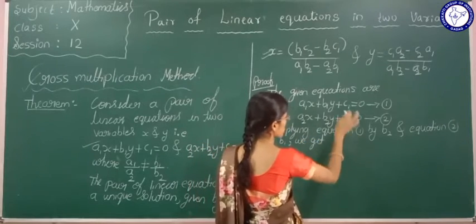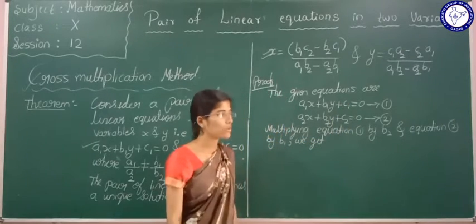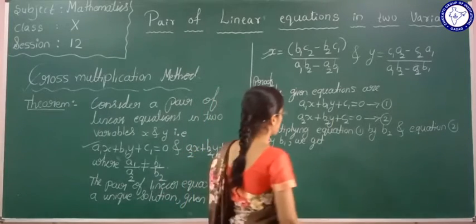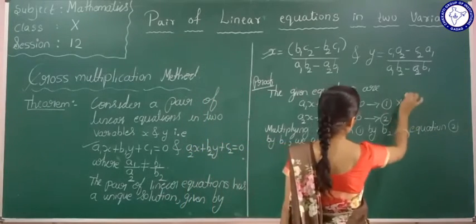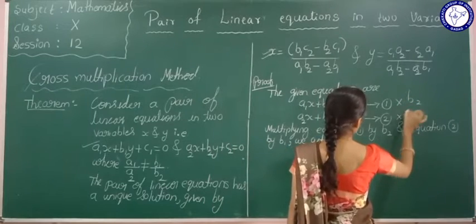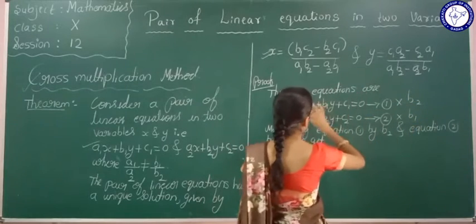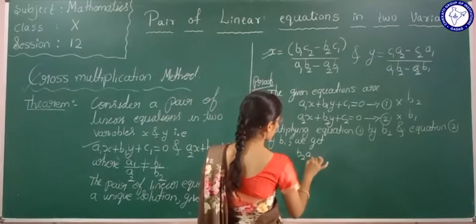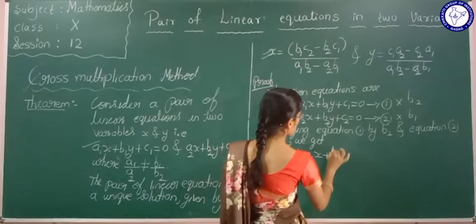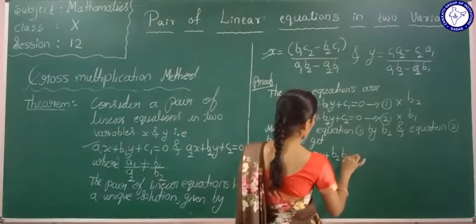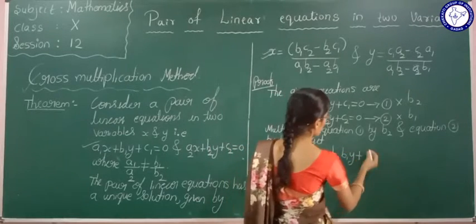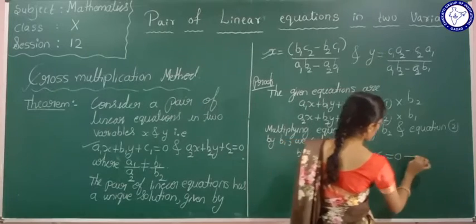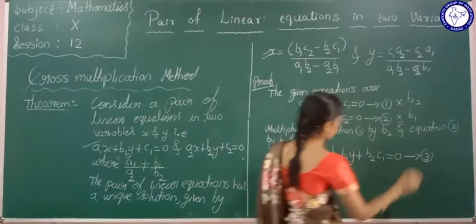Multiplying this equation by b2 and this equation by b1, that is, b2a1x plus b2b1y plus b2c1 is equal to 0. Call this equation number 3.